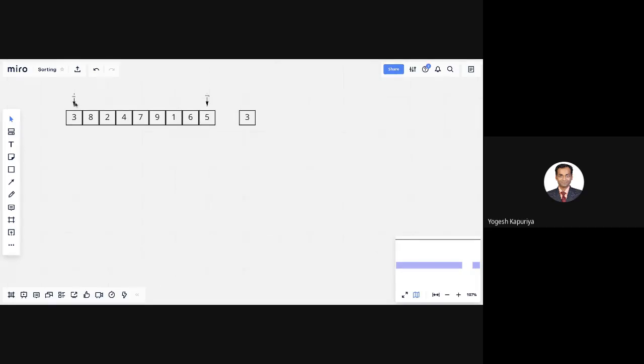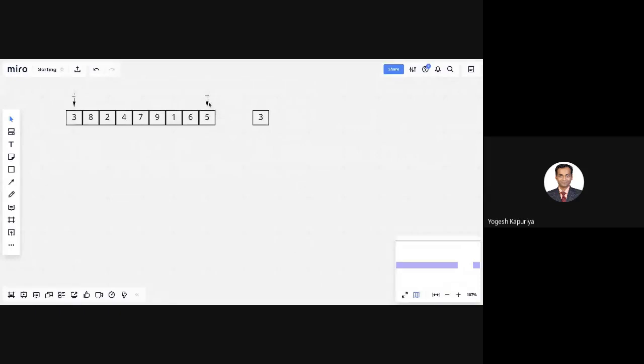The numbers which are less than or equal to 3 should not be touched. They should remain as they are, because what we are interested in is putting 3 in a place. So anything less than or equal to 3 should not have its position changed. I will start from this part and go in this direction. J will start from the rightmost part and go in the left direction.